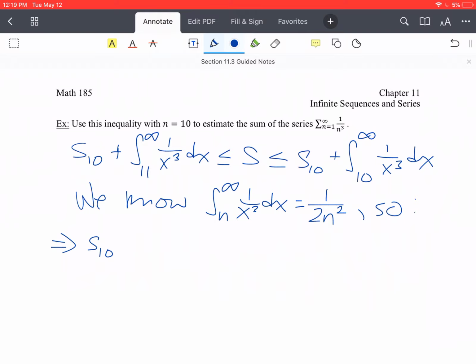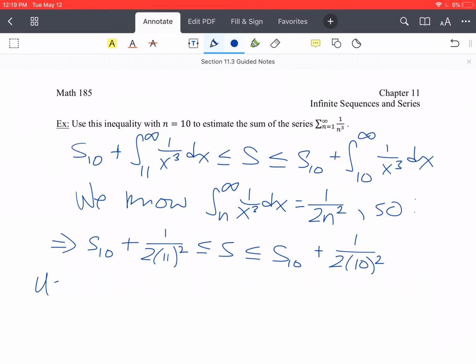So we get s sub 10 plus 1 over 2 times 10 squared, or excuse me, that's 11 squared. I mixed my numbers up there. There we go. Less than or equal to s, less than or equal to s sub 10 plus 1 over 2 times 10 squared.